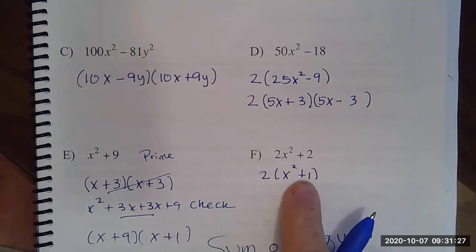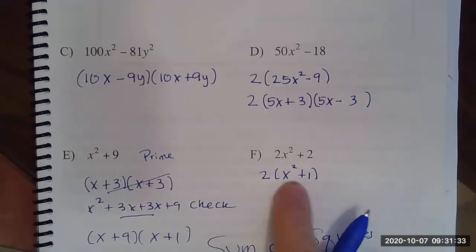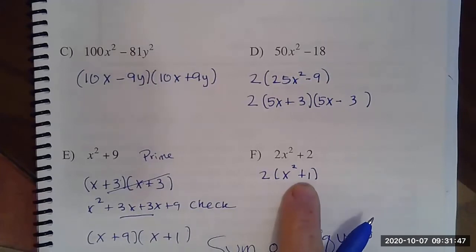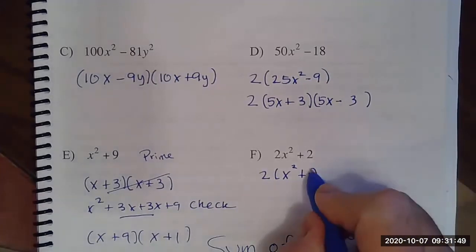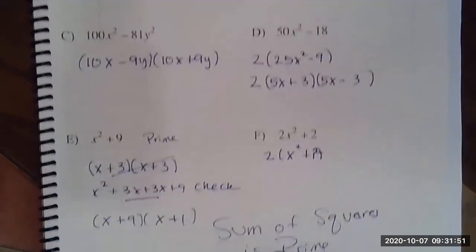This doesn't have 4 terms, it has 2. Okay, no grouping. What's the next one? Trial and error. Is that a trinomial of 3 terms? Nope. What's the next one after that on your list? Difference of 2 squares. There's no difference right here. Nope. Matter of fact, that's a sum of 2 squares, and that's prime.